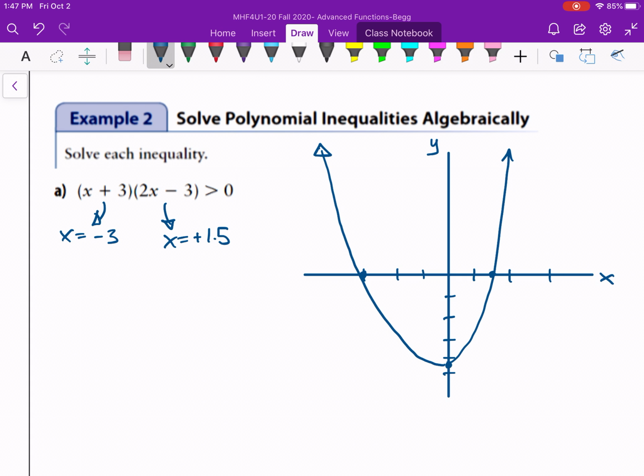And remember, if we're looking for where the graph is greater than 0, we're looking on the y-axis where it's above the x-axis. And then we're measuring, though, on the x-axis. So the part I've highlighted represents the parts of the graph we want, but I need to actually measure it on the x-axis. So you can see that any x values less than -3 or greater than 1.5 would give us our solution.